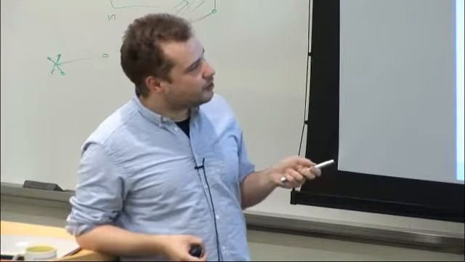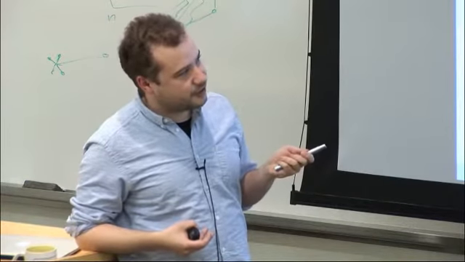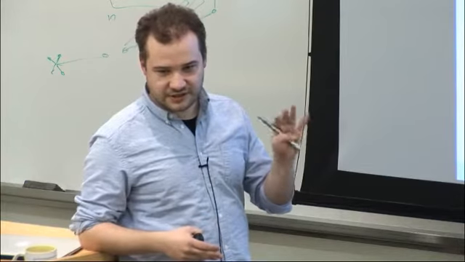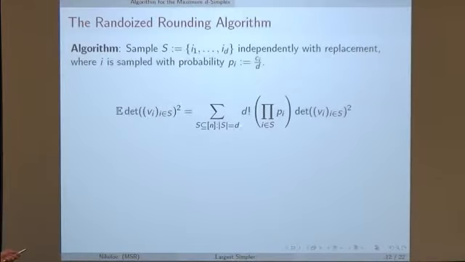For each such set I could have sampled, I could sample it in d factorial ways, since they're all distinct. And the probability of sampling exactly those elements is the product of the probabilities, because they are sampled independently. So this is the probability of sampling the set S, I can sample in d factorial ways, and the value of the set is the squared determinant.